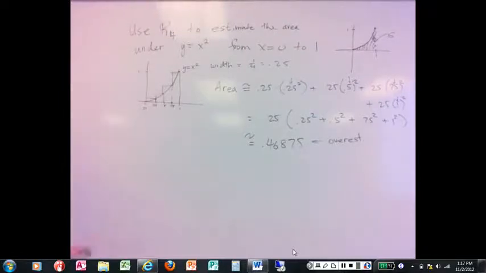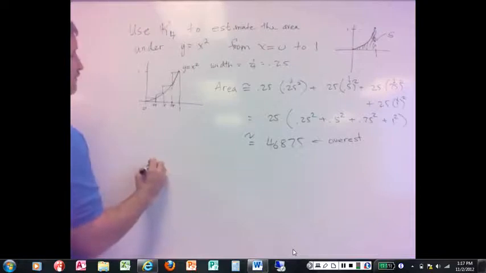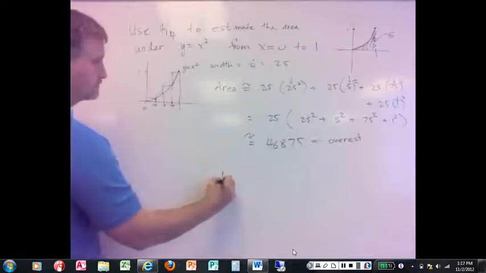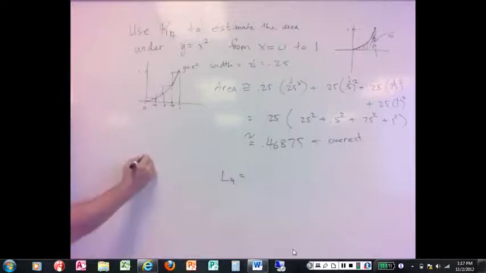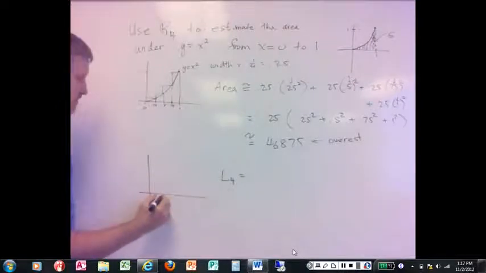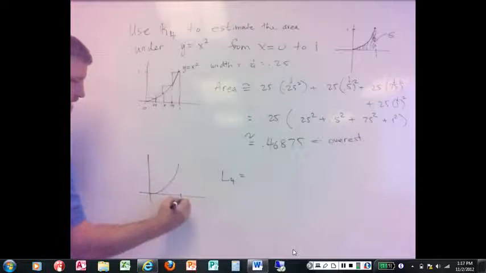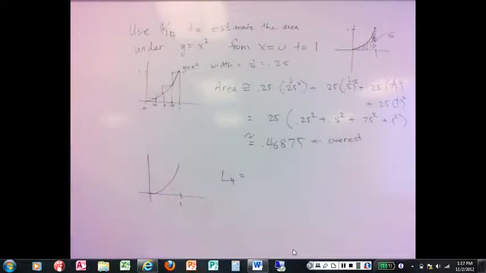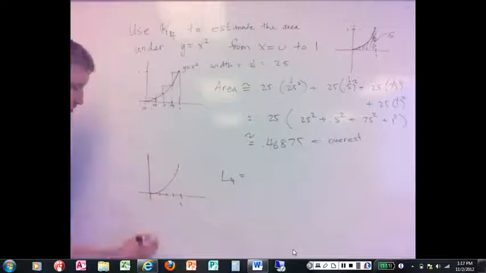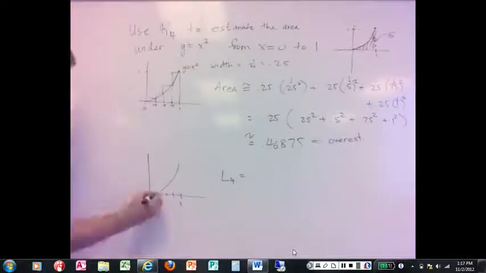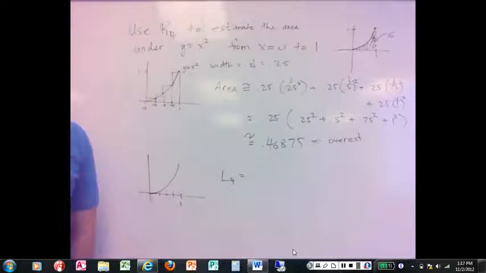All right, so what about L4 as our estimate? We're going to have some overlap here, but some not. The thing about L4 is what? I'm using left-hand endpoints. I'm still using 4 rectangles. However, what about that first one? That first rectangle really doesn't exist, does it?